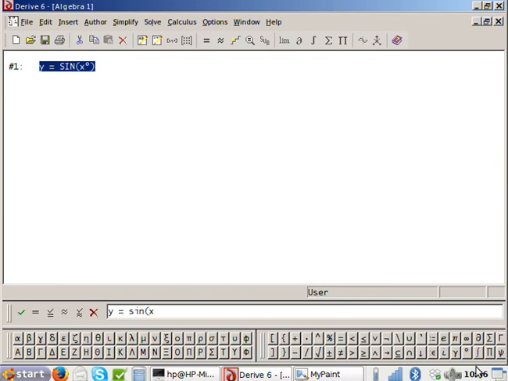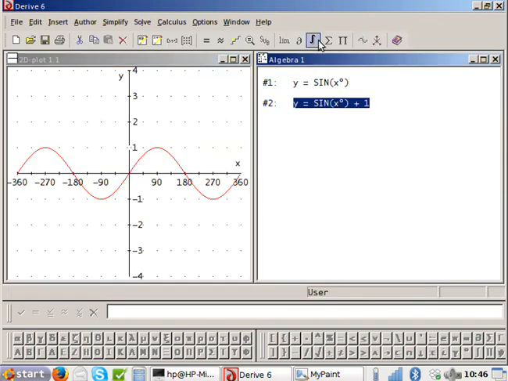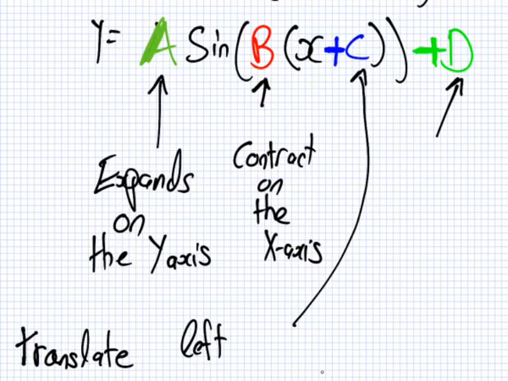So if I put in a 2, see what I mean? Expand. Longer. Okay? So our first thing to say is this expands on the Y.